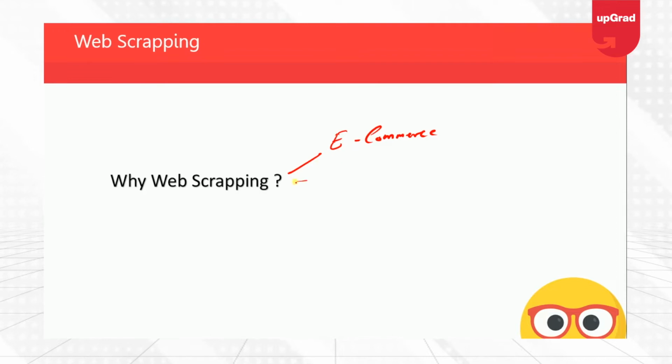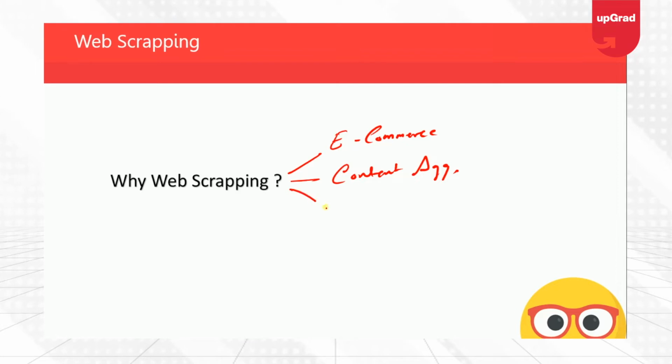Now, the second use case can be content aggregators. Content aggregators use web scraping widely for aggregating content, like news aggregation or job aggregation, for providing updated data to their users.